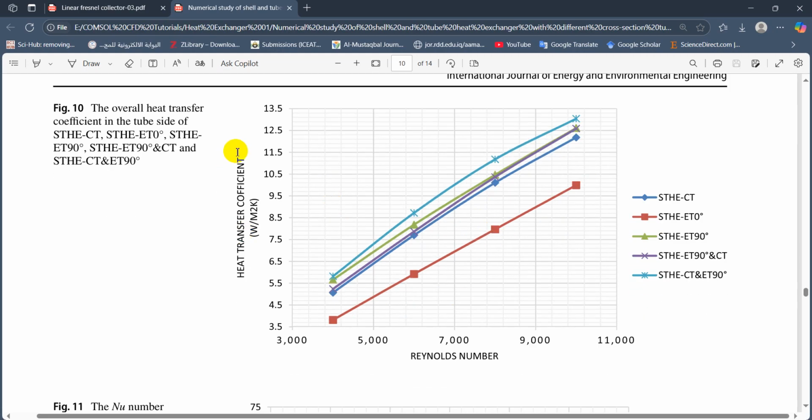As you can see, this figure shows the heat transfer coefficient versus Reynolds number, which ranges from 3,000 to very large values. You can see here which one gives high heat transfer and which one gives a lower heat transfer coefficient. You can see that the elliptical body with 0 degrees gives a lower heat transfer coefficient.